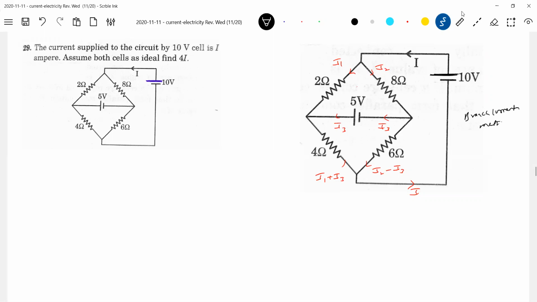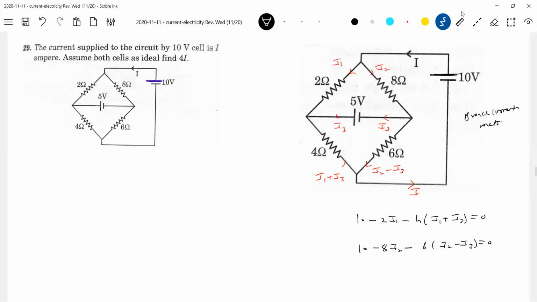After this, you should write loop equations. Let me show: 10 minus 2I1, minus 4I1 plus I3 equal to 0. That's one equation. Then 10 minus 8I2 minus 6I2 minus I3 equals 0.